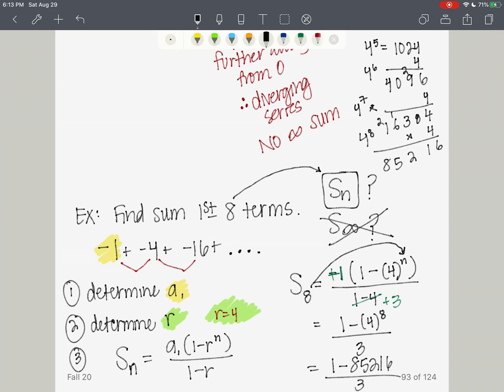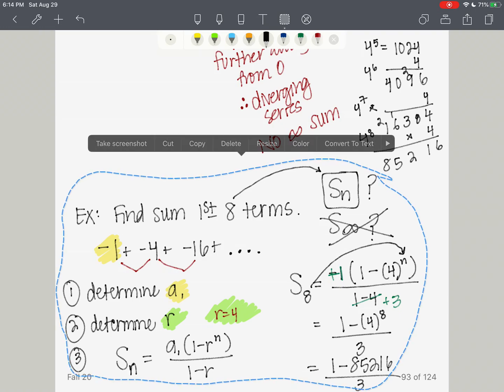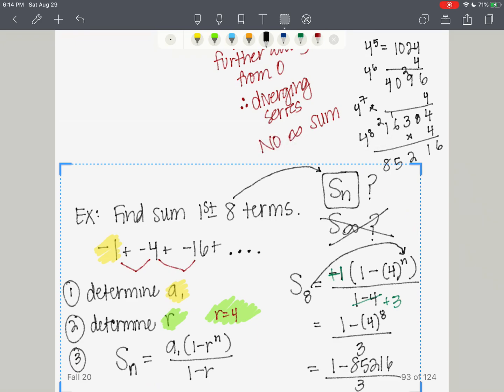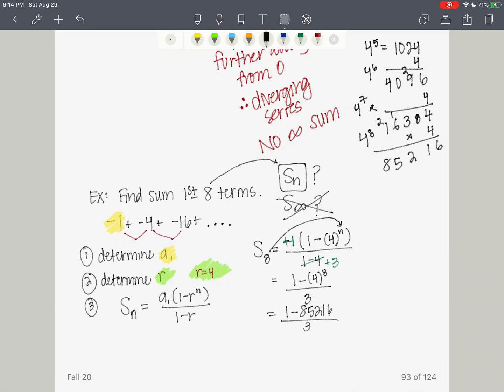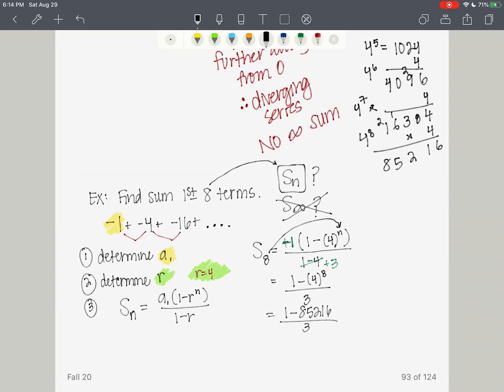It sounds like a zip code. I've run out of room, so I'm going to shrink this. Subtract 1 and I get negative 65,535, divided by 3.